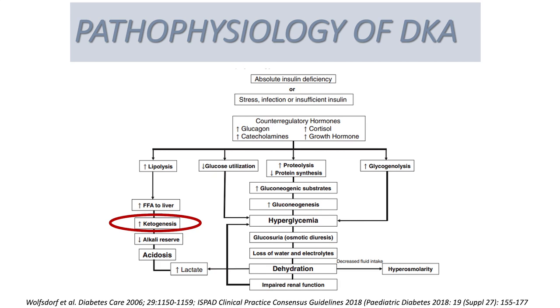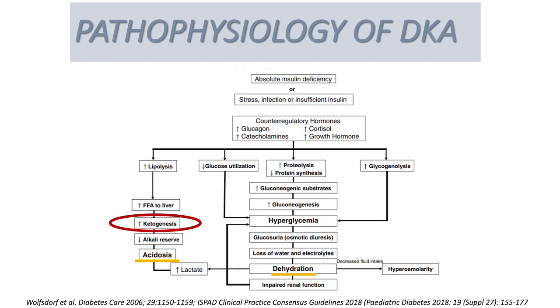Also, there is proteolysis and glycogenolysis, which again leads to high blood sugar. And the high blood sugar leads to osmotic diuresis, dehydration, and acidosis.